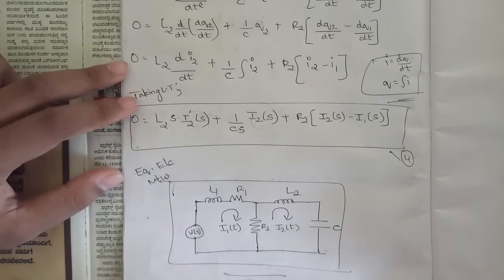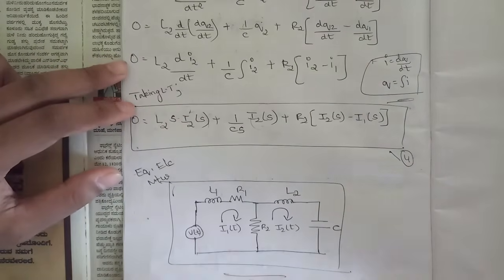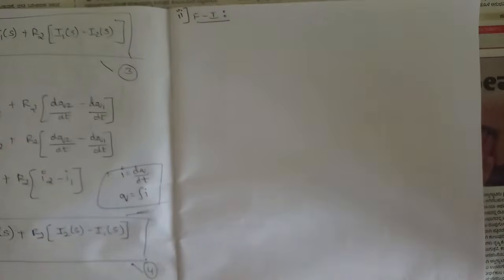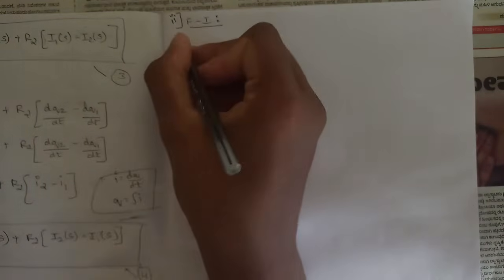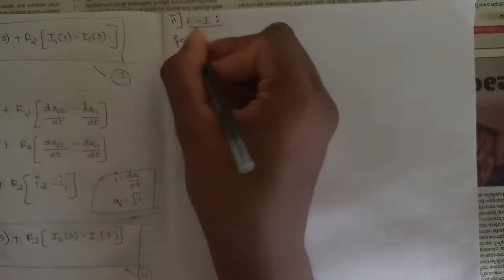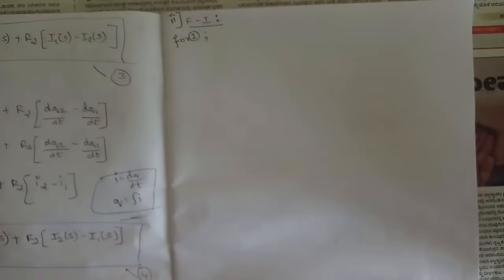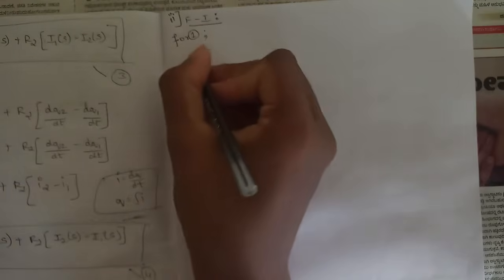So now let's build the circuit for FI analogy similarly. For FI analogy, let's first consider equation 1. For equation 1, we need to write that force is replaced by current, right?